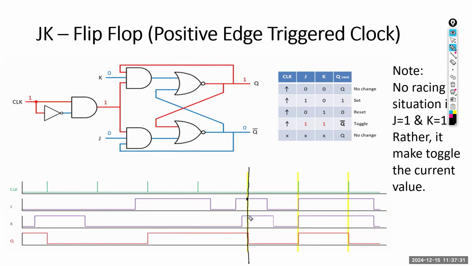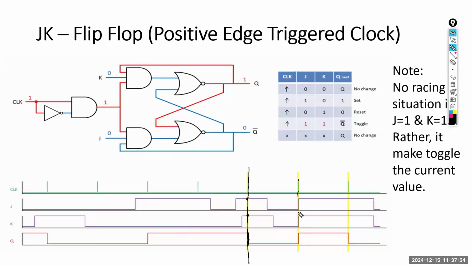Yeah, S is 1, R is 1. So then what happens? Inversion. Remember, S is 1, R is 1 means inversion, but it doesn't lead to a racing situation because then the pulse is over. So therefore, immediately goes down because J is 1, K is 1.